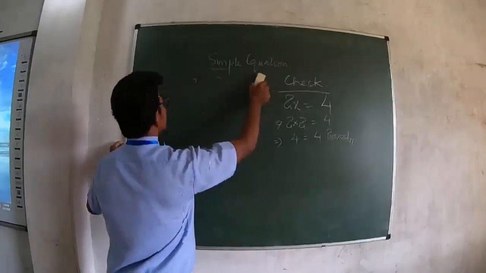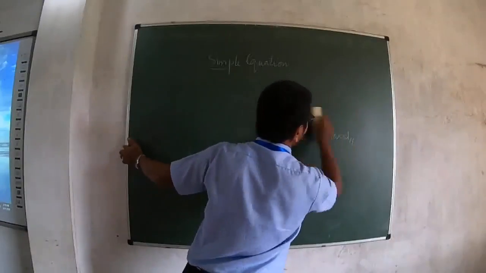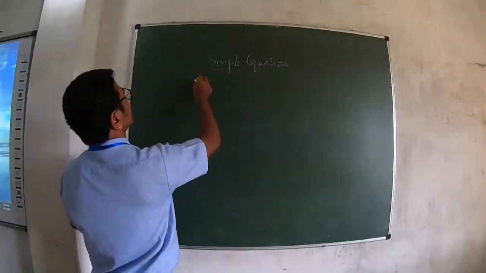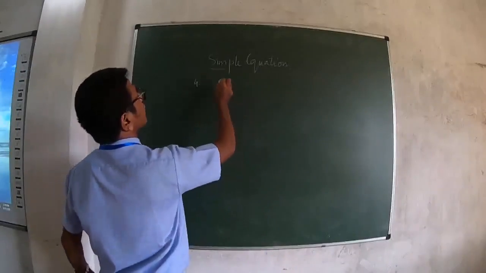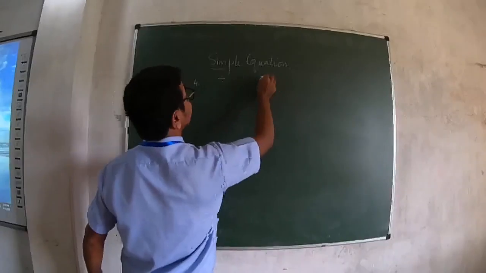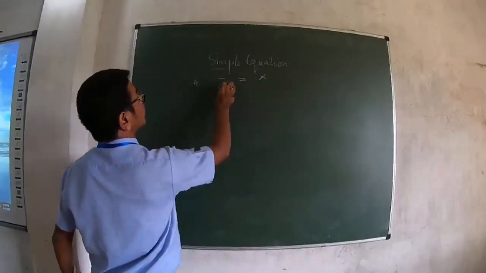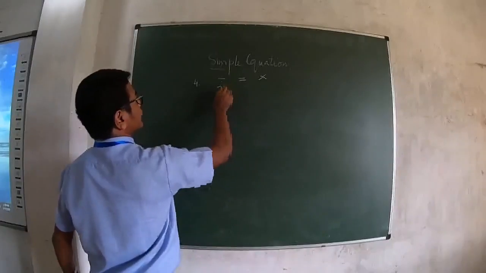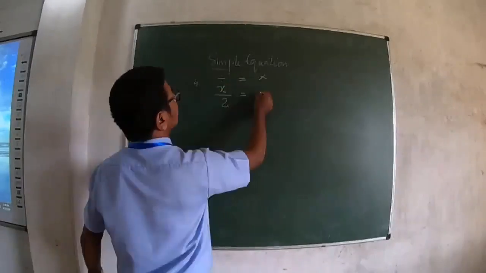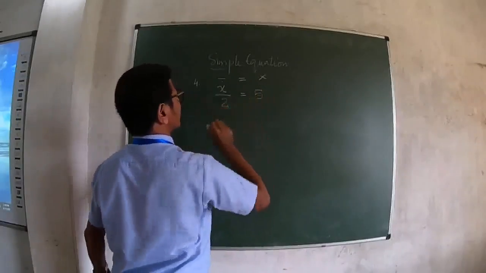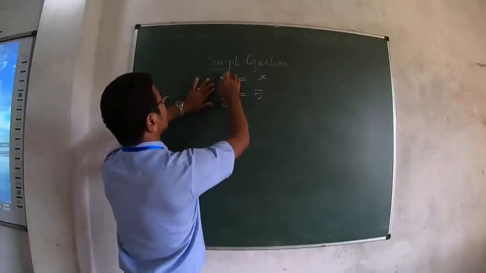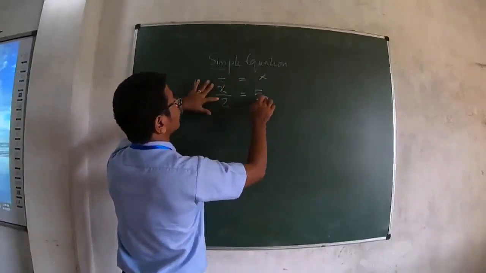Children, for the fourth example, to make it clear, divide will change to multiply. Let's write x divided by 2 equals 5. x divided by 2 equals 5.